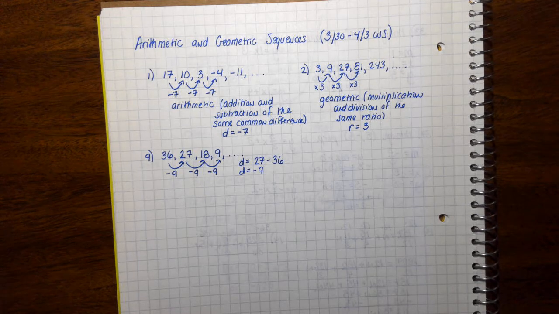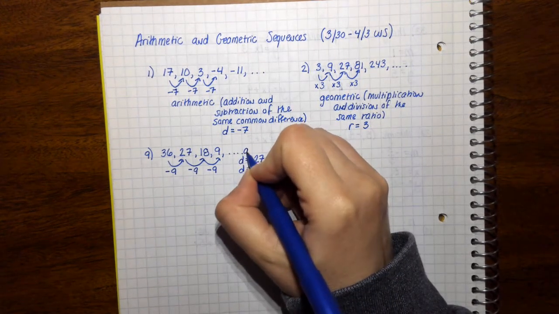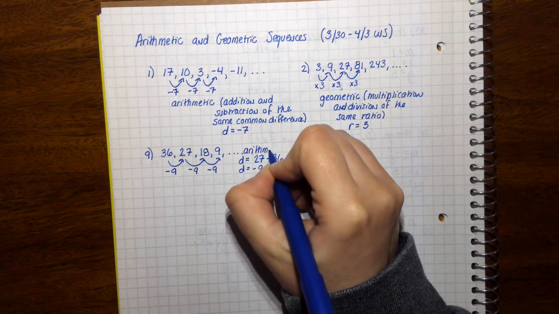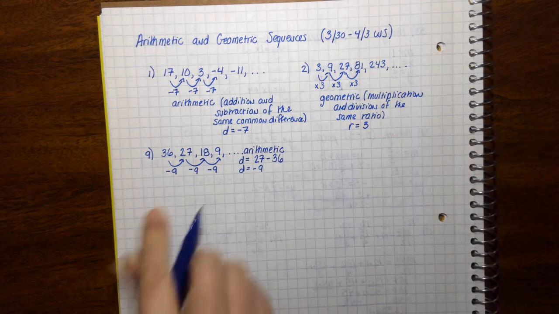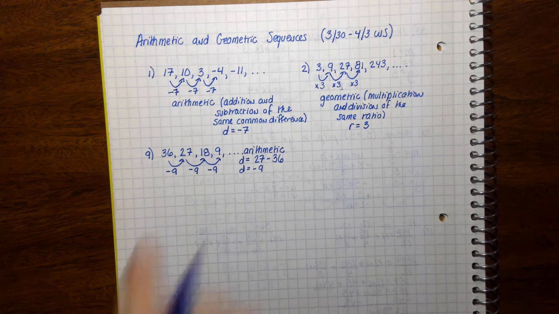Okay. The next thing we're going to do is find the explicit formula. Because this is arithmetic, I can tell it's arithmetic because it is going down 9, down 9, down 9, and it is subtraction each time.